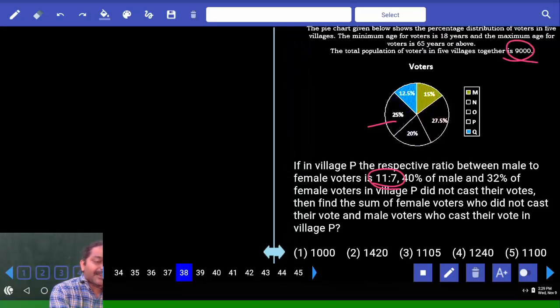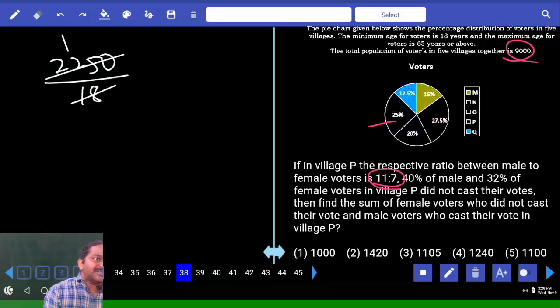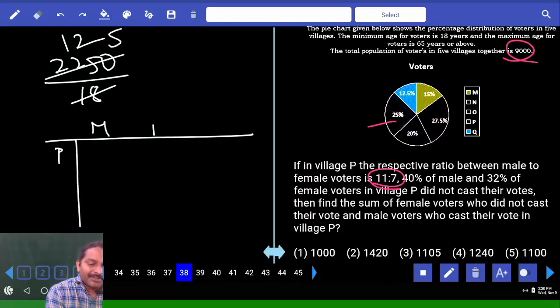Total 18 parts. 2250 by 18. 18 ones, how much is left? 45. 18 twos, 36. How much is left? 90. 18. Right.